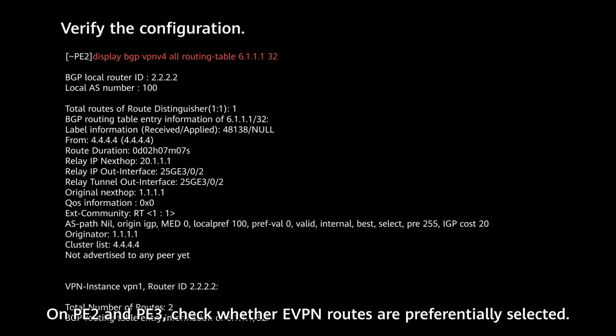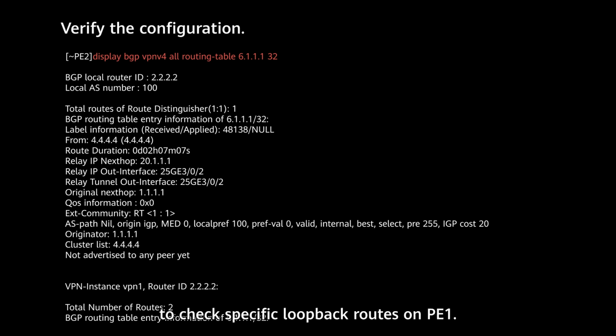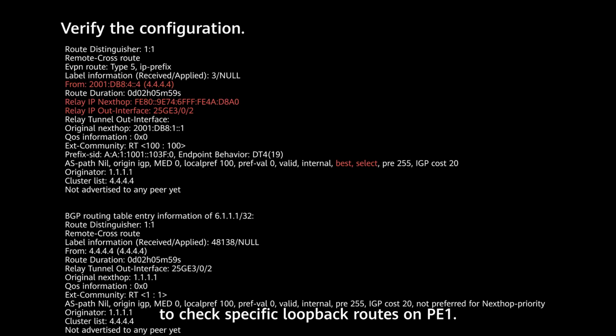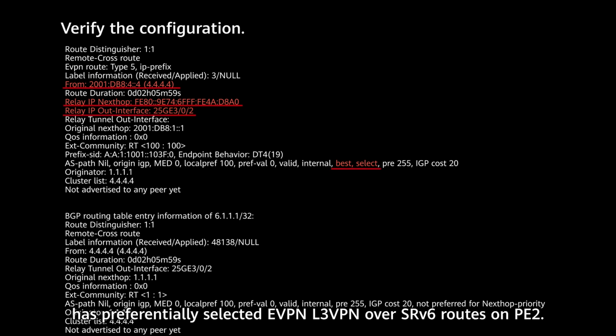On P2 and P3, check whether EVPN routes are preferentially selected. Run the display BGP VPN v4 all routing table command on P2 to check specific loopback routes on P1. The command output shows that the BGP VPN instance named VPN1 has preferentially selected EVPN L3VPN over SRv6 routes on P2.